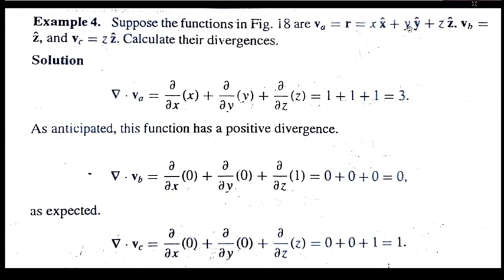Similarly del y by del y, del z by del z, so it's 1, 1, 1. Since there is an addition, it becomes 3. In a nutshell, the divergence of vector Va is positive, and we can conclude that it is diverging, it diverges out from that particular point. So it is anticipated that this function has a positive divergence.